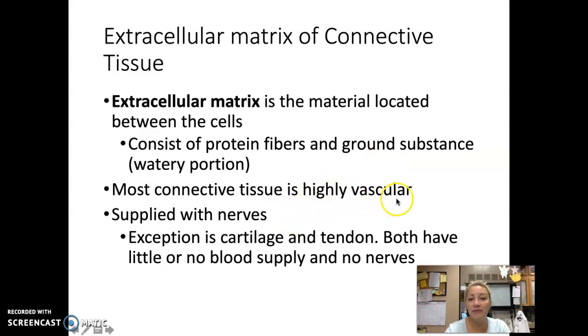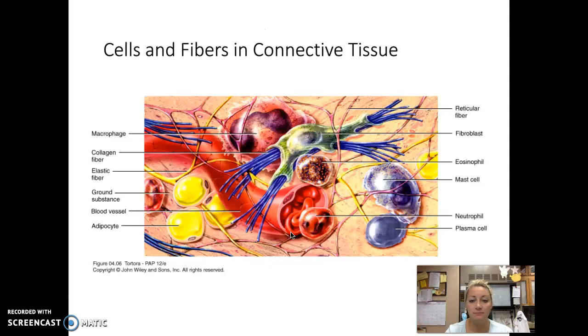Generally, it's going to be highly vascular, meaning it has a bunch of blood vessels, and it has nerves as well. Except for in cartilage and tendon, these two in particular don't have very good blood supply, and that's why they don't heal very quickly. And yeah, that's about it.